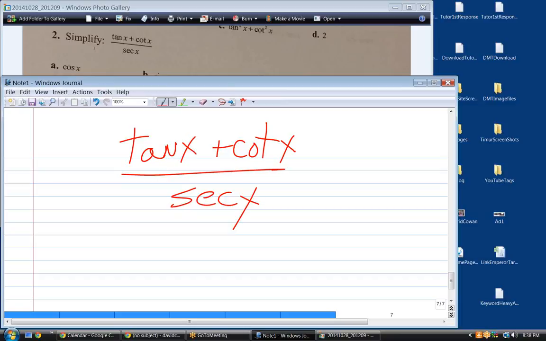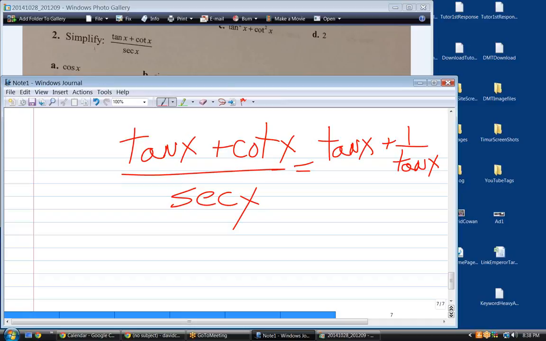Notice that if we add the top, we'll have tangent x plus 1 over tangent x. What kind of numerator is that going to result in? It'll be tangent squared plus 1. Magic number.